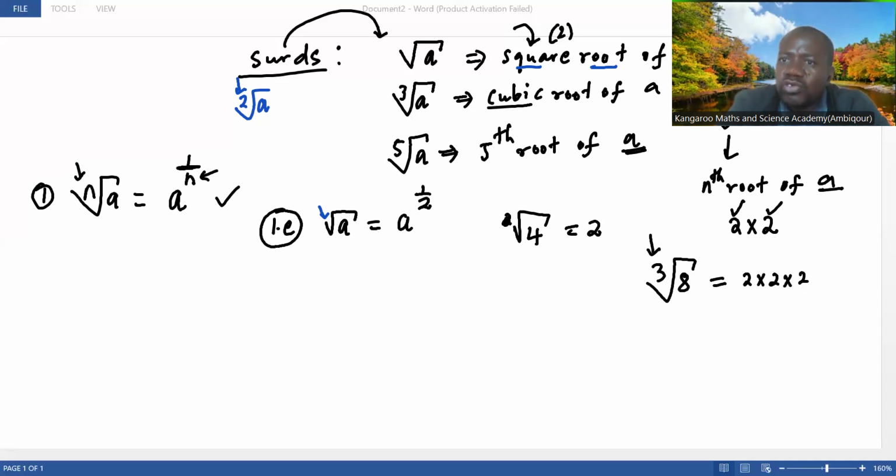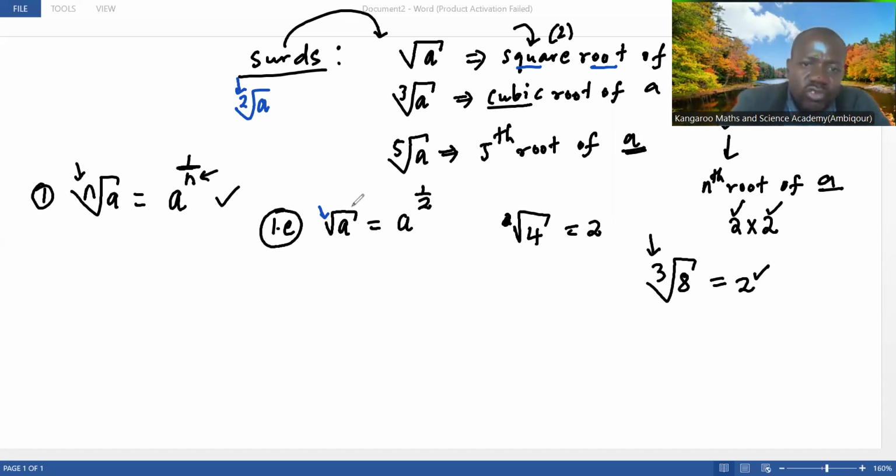We know 2 times 2 times 2 is 8, which means the cubic root of 8 is 2. Why? Because 2 multiplied 3 times will be 8.